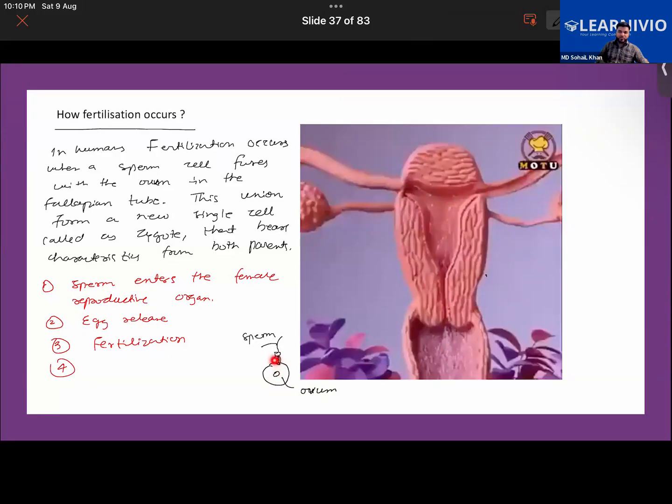It's not mere chance or the most healthy one; basically the ovum selects it. So the sperm enters the ovum.